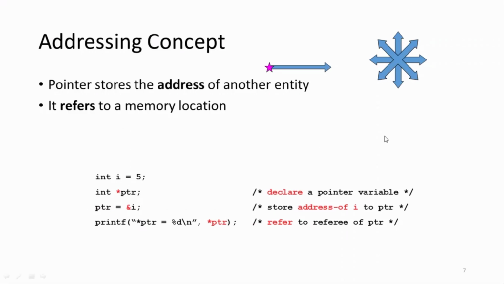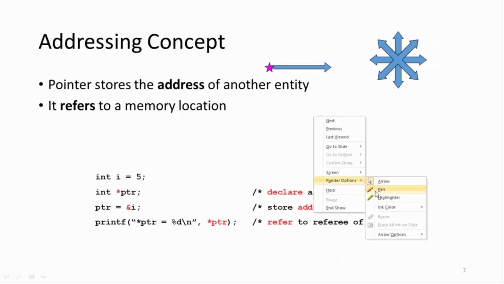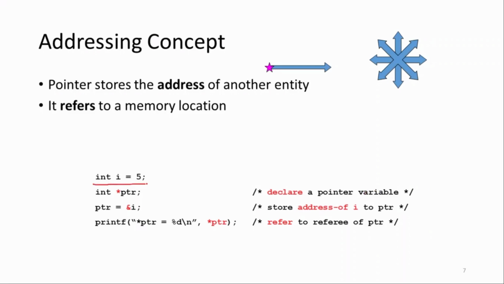Then the addressing concept. A pointer stores the address of another entity. It refers to the memory location. Here I'm taking an integer data type and initializing the variable I is equal to 5. Then next is the pointer variable, an integer pointer ptr, so we declare a pointer variable.